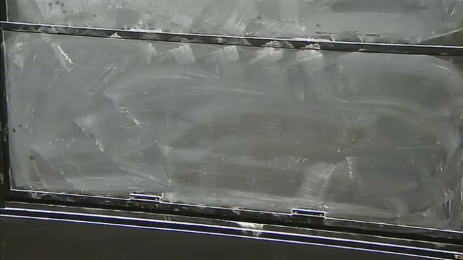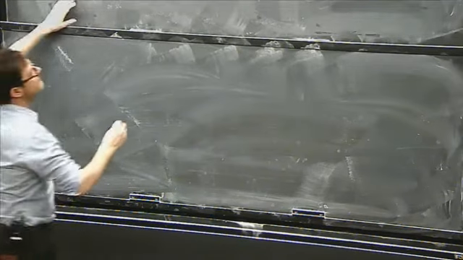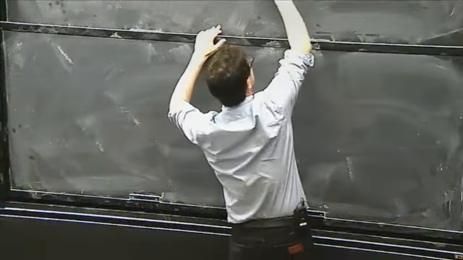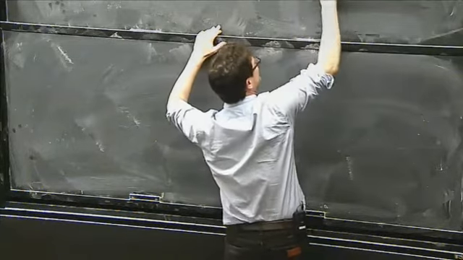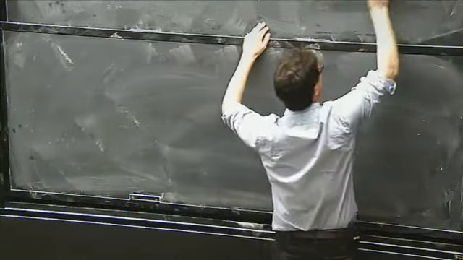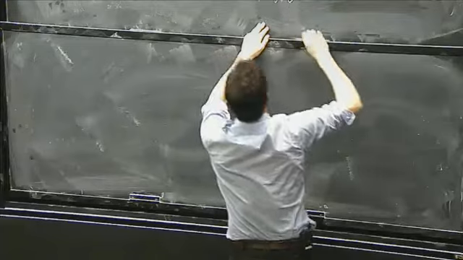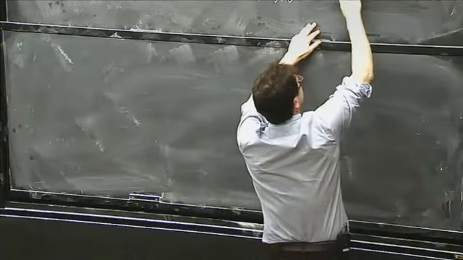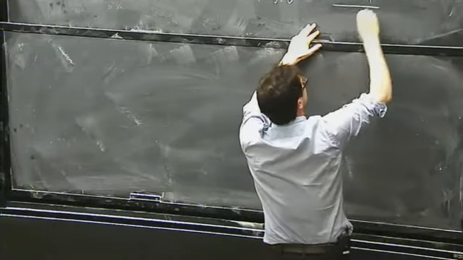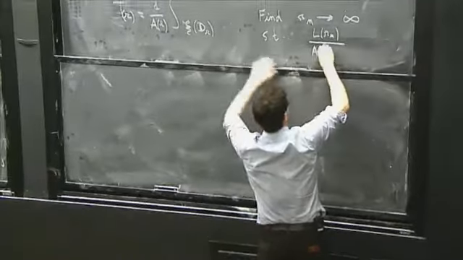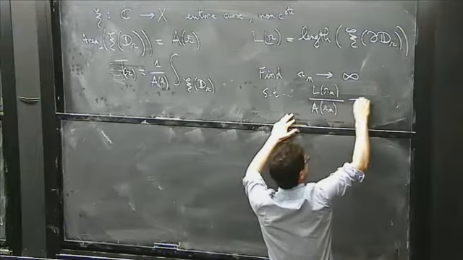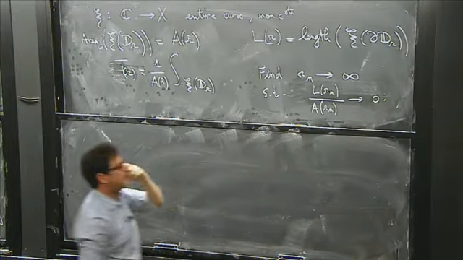Okay, so I want to show that I can find a sequence such that at the limit the current is closed, so such that the length of the boundary divided by the area, the normalization, goes to 0. Okay, I want to show that such a sequence exists.